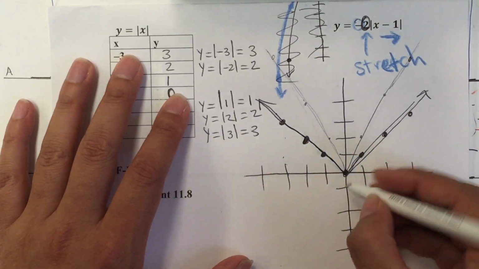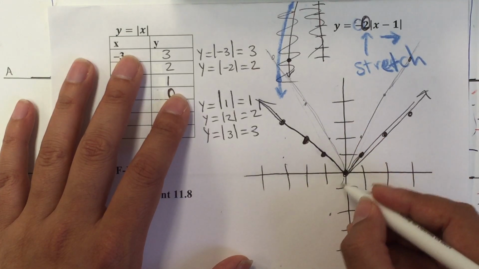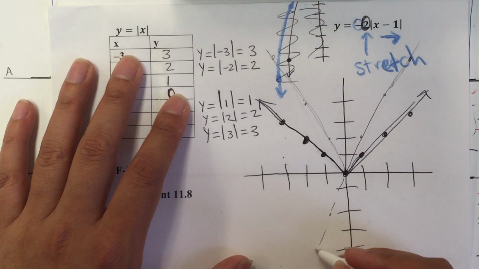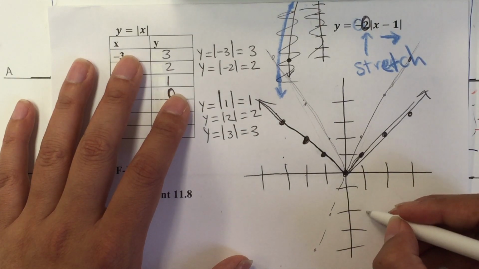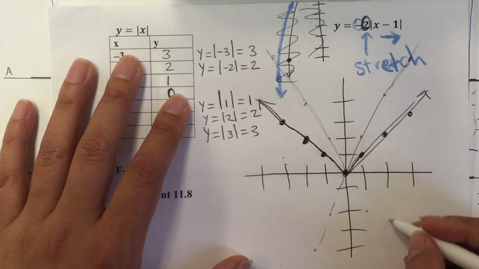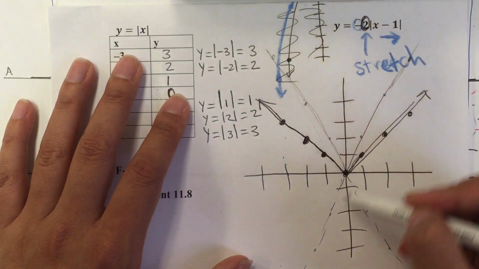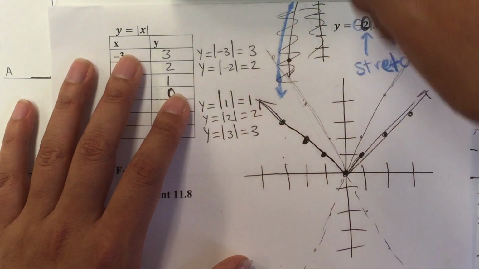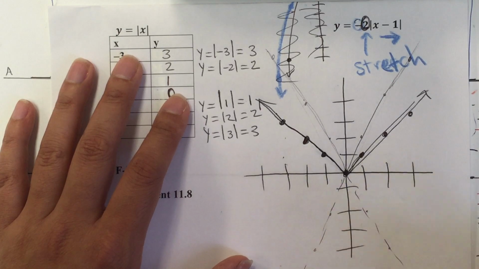Okay, make your x the mirror. So now I'm gonna go like this, and then like this, twice as much. So instead of -1, it's gonna be -2, -4, -6. So I already did the stretch to make it skinnier, or actually taller. The mirror sends it to the bottom.